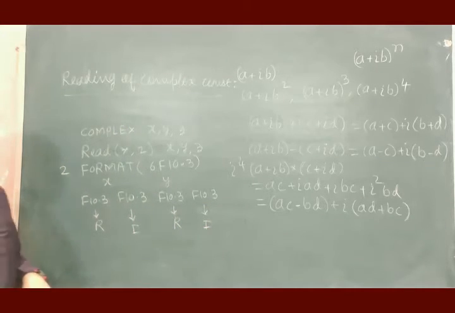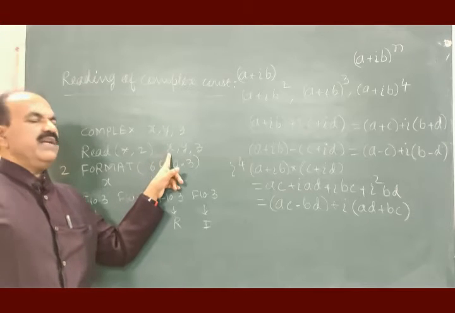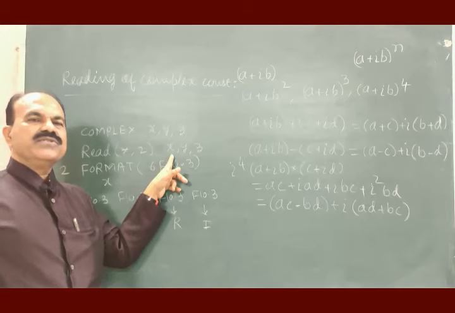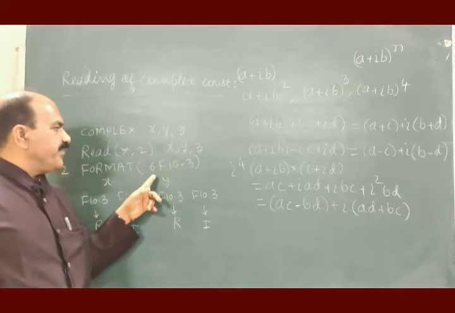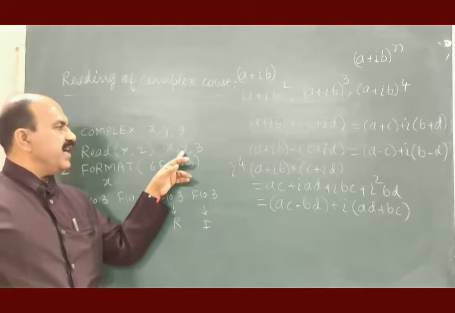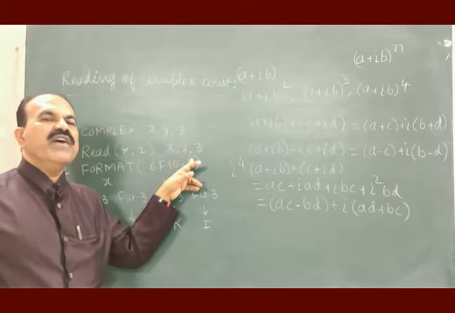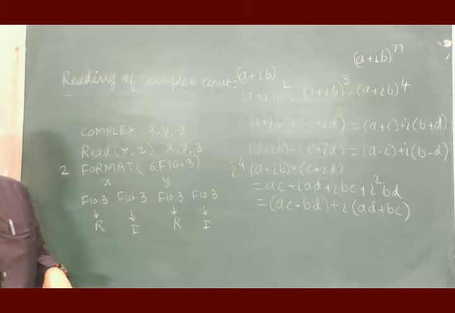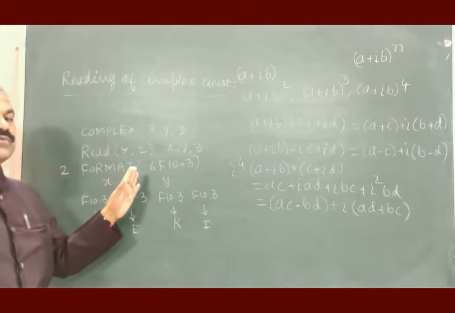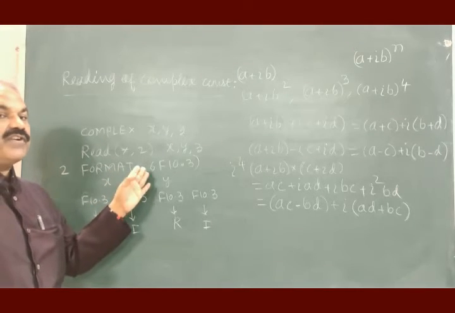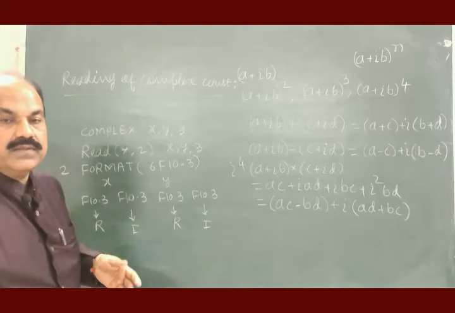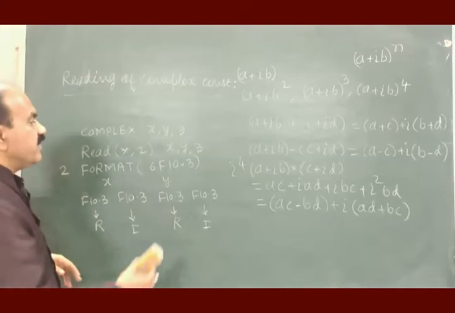Here I have assumed that the width of the real and imaginary parts of x is the same, F10.3. I have assumed the same thing for variable y as well as for variable z. If you want different formats for these three, there is a way to write different formats.